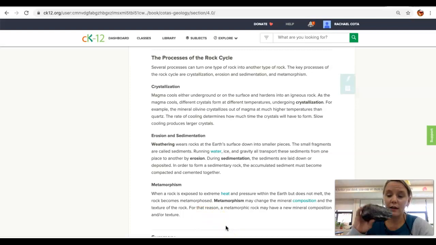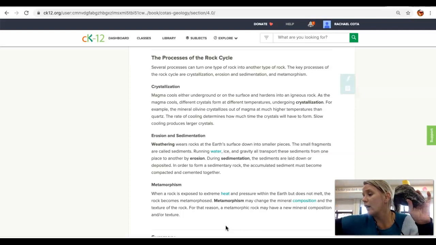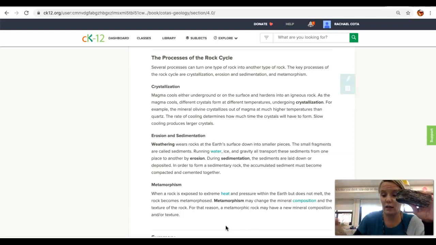You can have a rock like this that becomes a rock that looks like this. You know, very different. Metamorphism can actually change the whole composition and look of a rock. Okay, so take home points here. Any rock can become any other rock, just depending upon the process that it goes through.